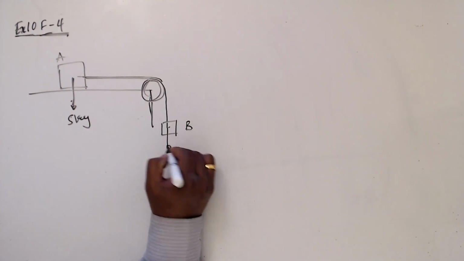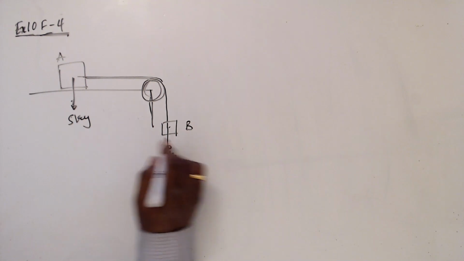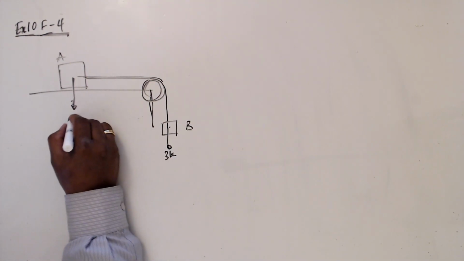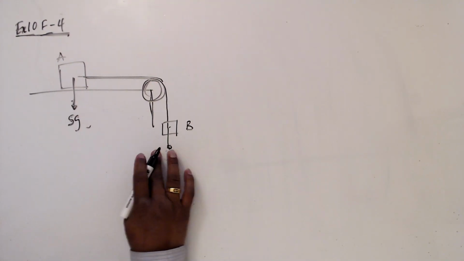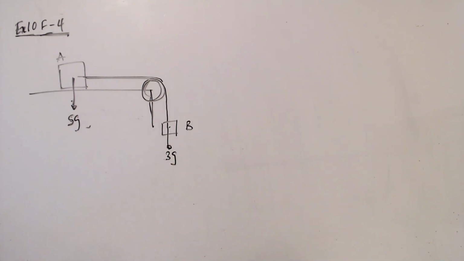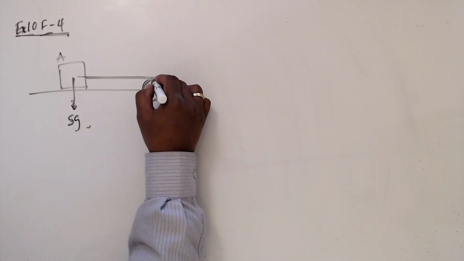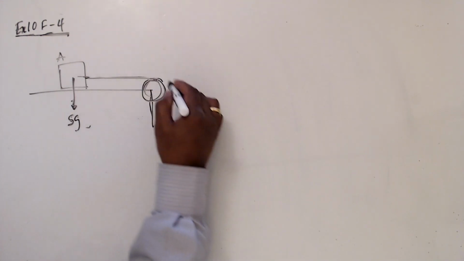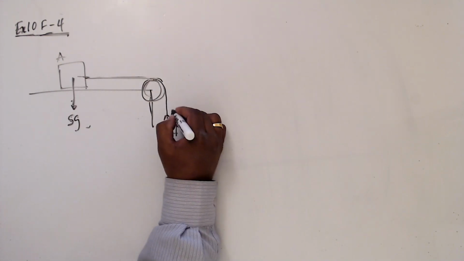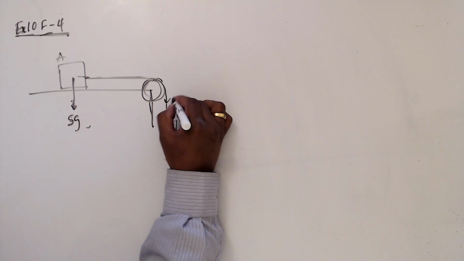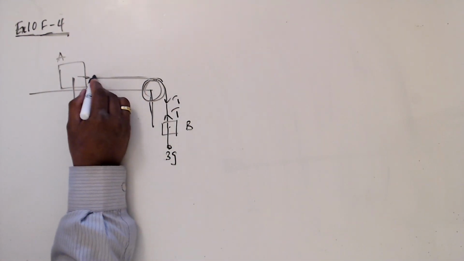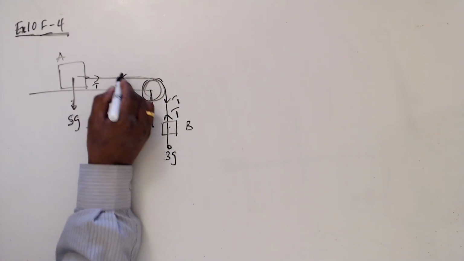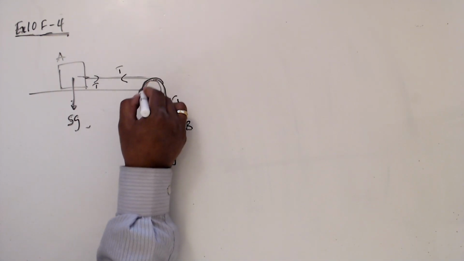So there is 3g, not kg. 5g and 3g. And since this is a smooth pulley and the string is inextensible, there is a tension T and T. That's how we mark it because of the pulley.